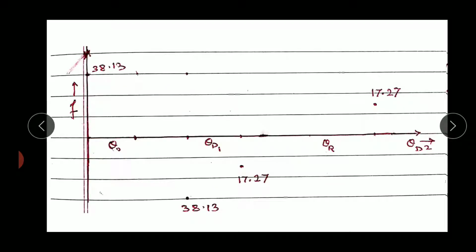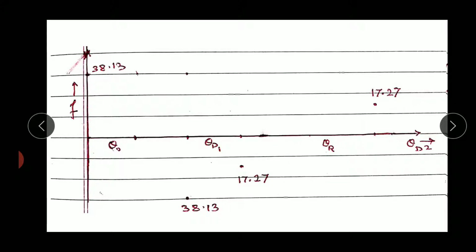Now the next part is plotting of the acceleration graph. At the start of outstroke it is 38.13, at the middle of outstroke acceleration is 0, at the end of outstroke acceleration is 38.13 meter per second square.